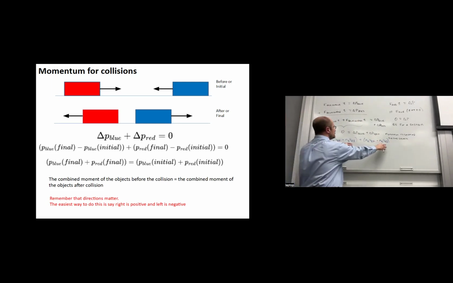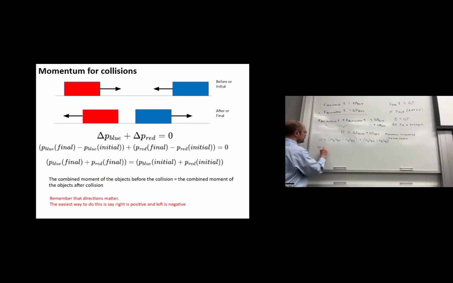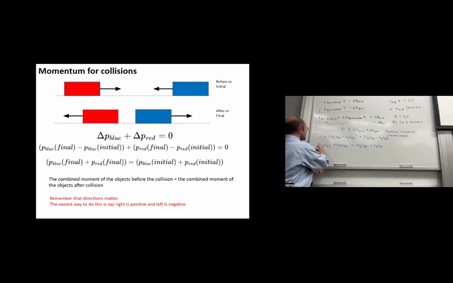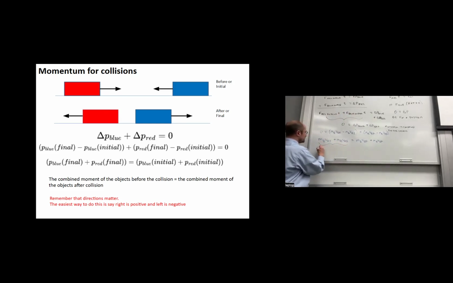Now we can move these two momentums to the other side. So we see M blue, V blue initial, plus M red, V red initial, equals M blue, V blue final, plus M red, V red final.